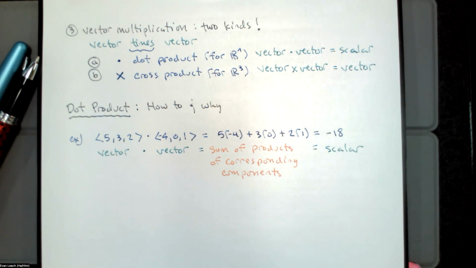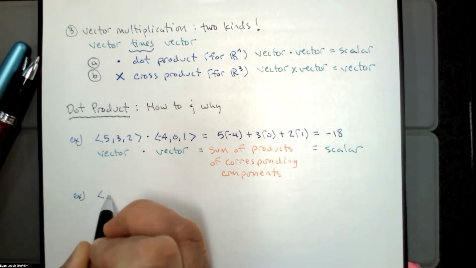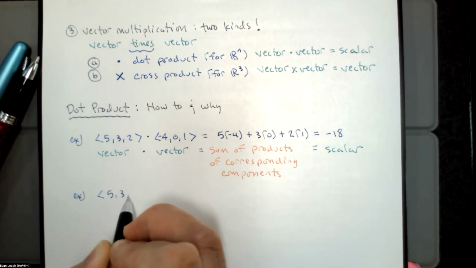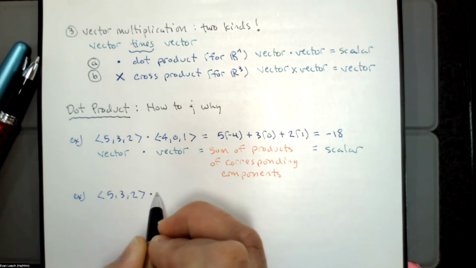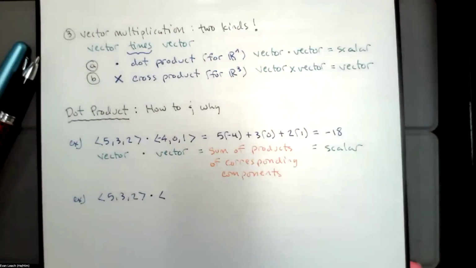Because of the process that we're using, the vectors are going to have to be the same size. We can't dot product things that are different sizes. So, for example, I wouldn't be able to say 5, 3, 2 dot 7, -8.